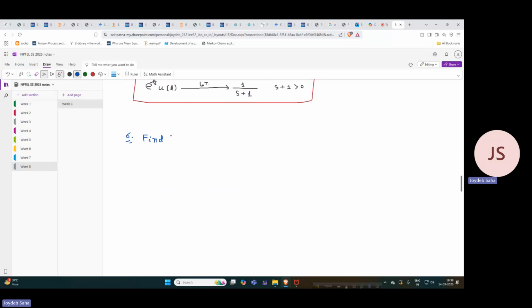Find Laplace transform of u(2t). Now we need time scaling property.